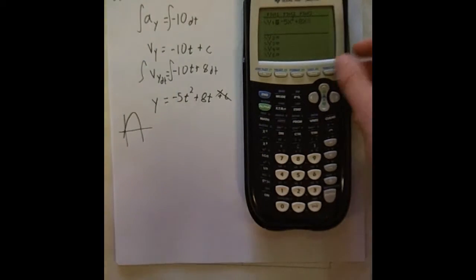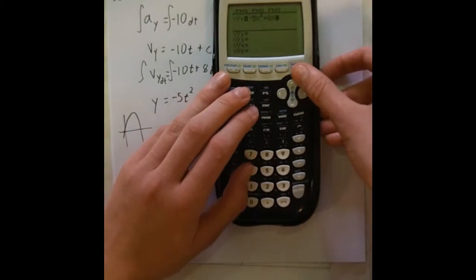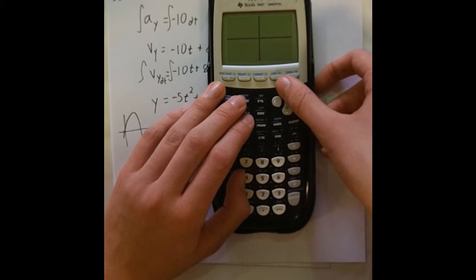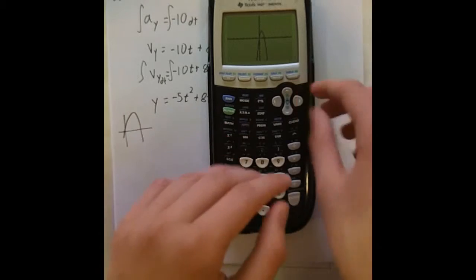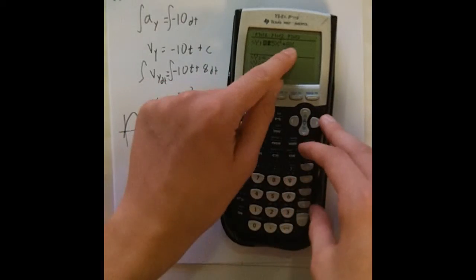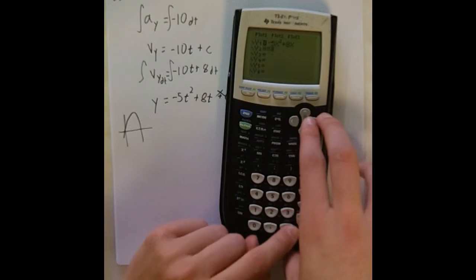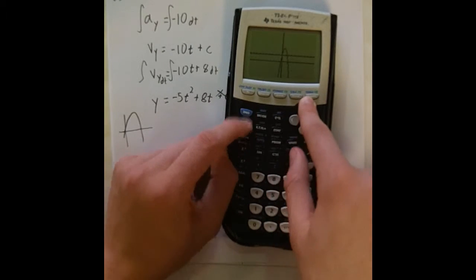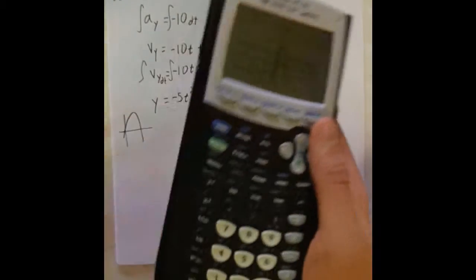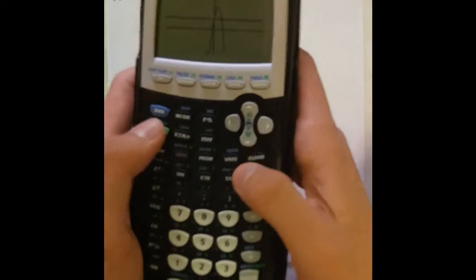I'd use t's to not confuse you, but you're calculus students, stop being babies. So that's what it looks like. What we're trying to find is when the change in height is equal to negative 3. So we have that second line there, and we're trying to find the intercept of those two.